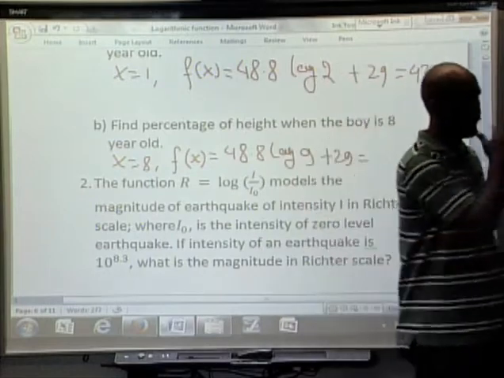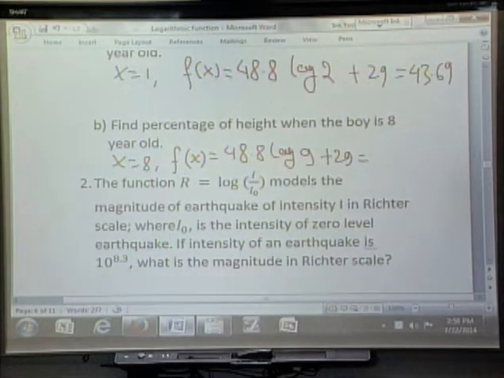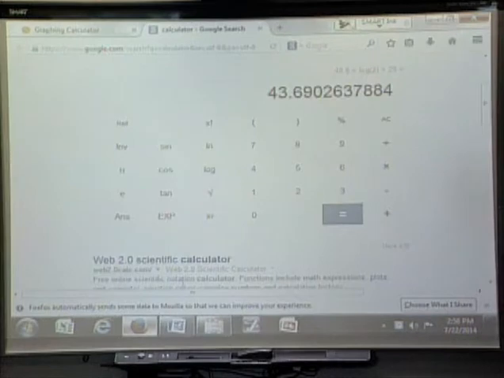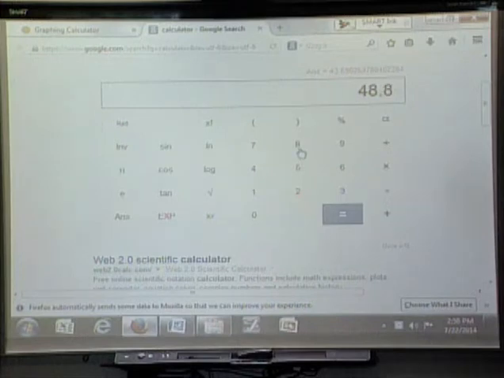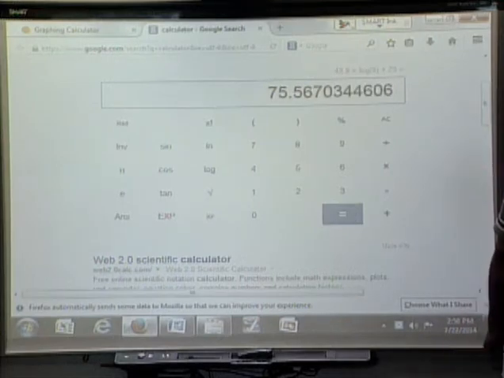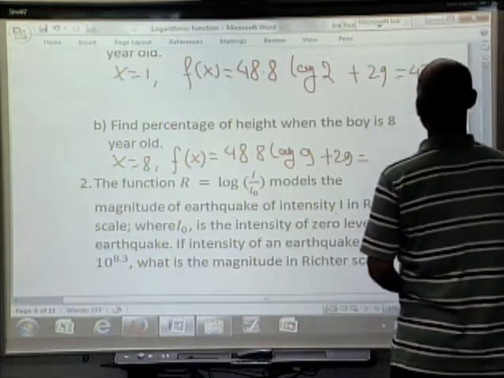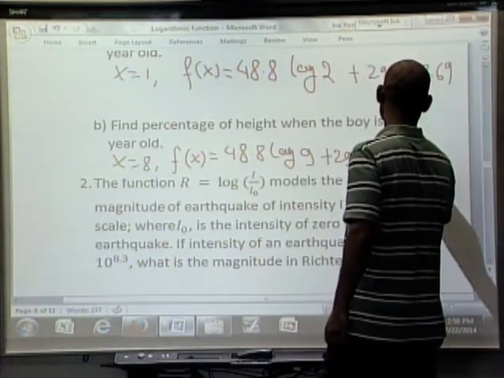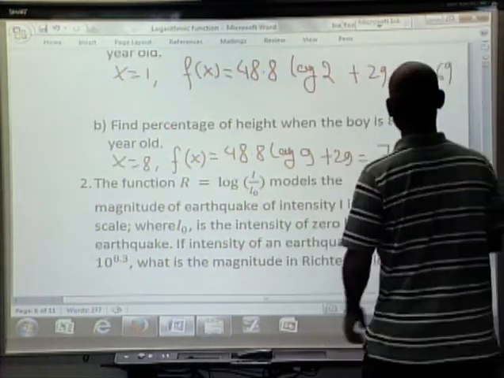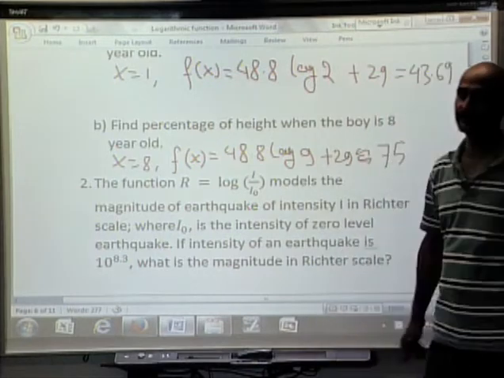Let us use the calculator to find out. 48.8 times log of 9 plus 29, so almost 75, so 75%.